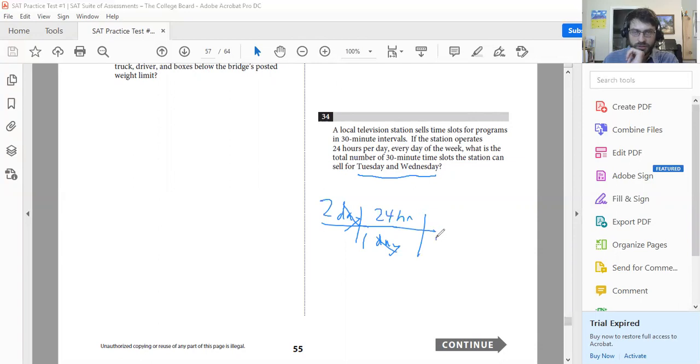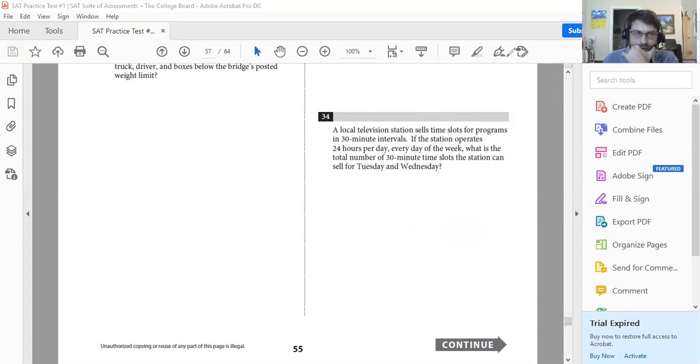In each hour, we have 2 30-minute time slots. So we're just using the 2, not the 30. So we have 2 times 24 times 2. 48 times 2 is 96. We have 96 time slots. You can also put that on the calculator if you want to.